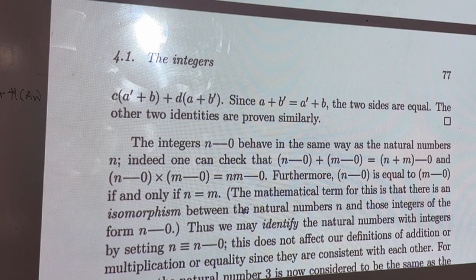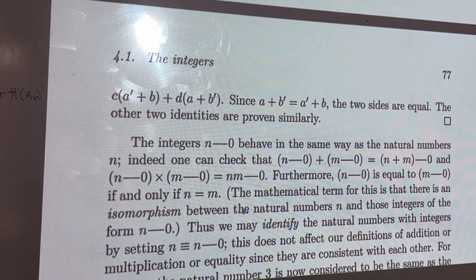So we can think of n as inside here. n does not belong to this set, but n's image n minus 0 is in that set. So that's what he is doing. Thus we may identify the natural numbers with integers. Exactly what I am saying. In the text, not equal.